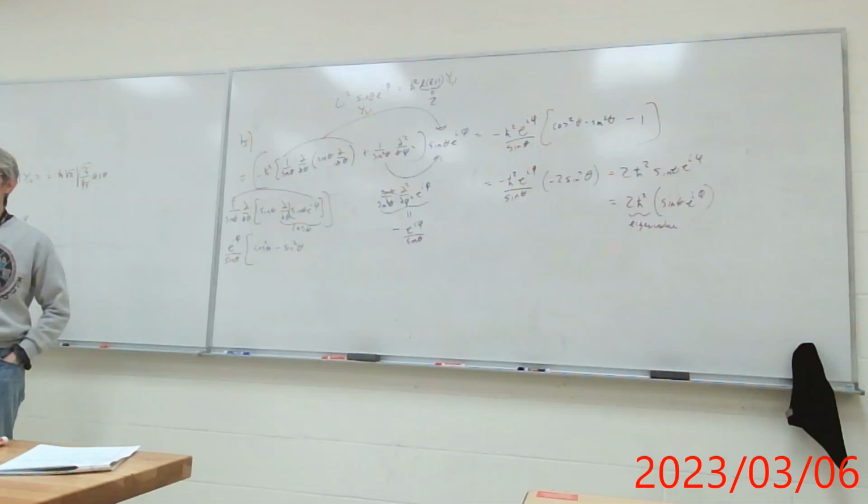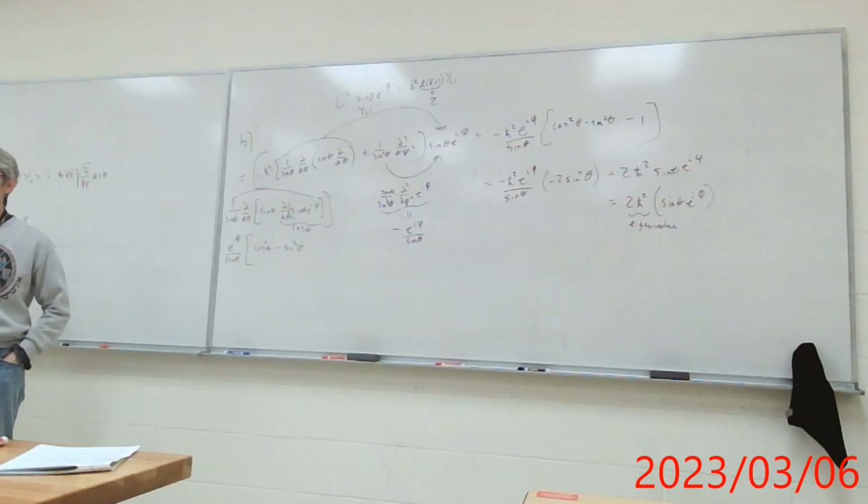Now, this part on the inside here, the e to the i phi is just a constant. So I can take it totally outside, actually. Right? So d by d theta of sine theta, of course, is just cosine theta. So this is cosine theta. Now d by d theta of sine theta cosine theta, by the product rule, is, so we've got e to the i phi over sine theta out in front.